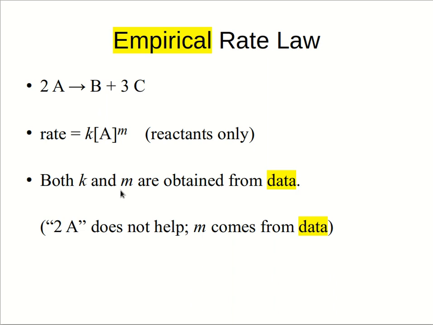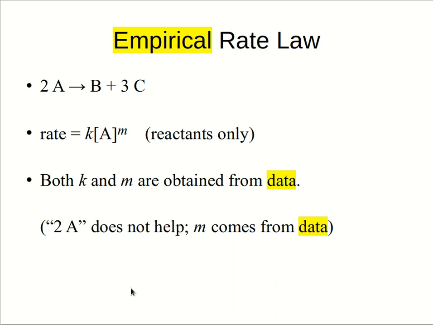We shall see that there's a differential rate law at the molecular level where you can do that. That's the very subtle difference between an empirical rate law at the beaker level, where you need to use data, and a rate law at the molecular level, where you can look at the equation and get some of these numbers from the equation.